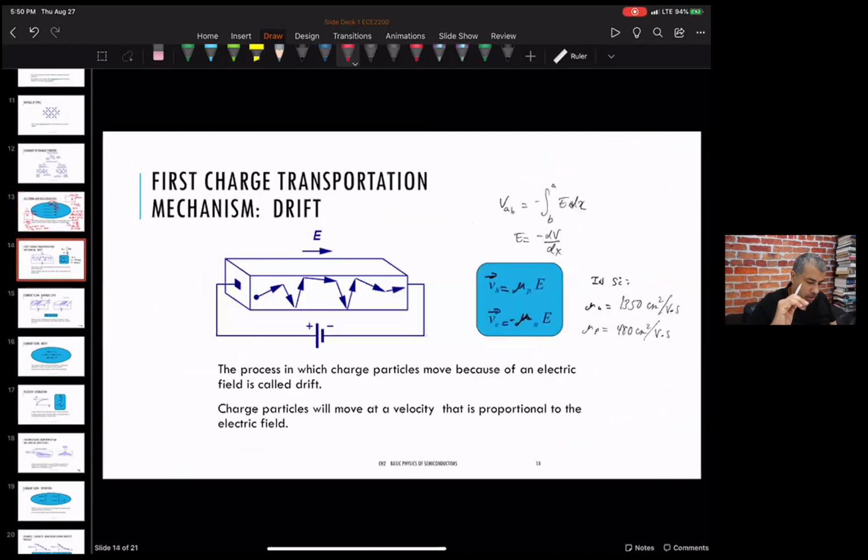So we've got all our bookkeeping. Now we're going to talk about currents.